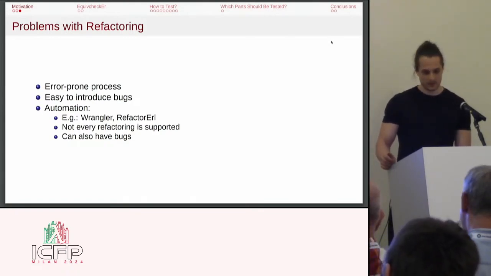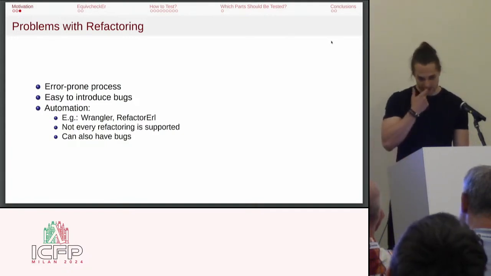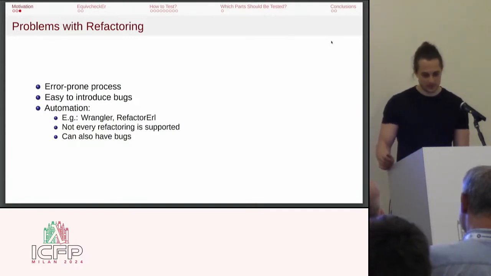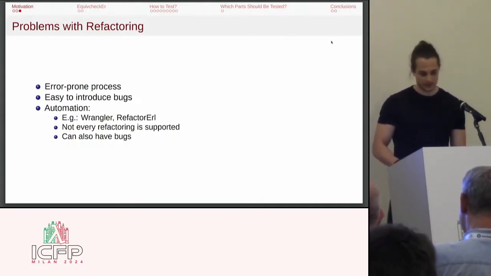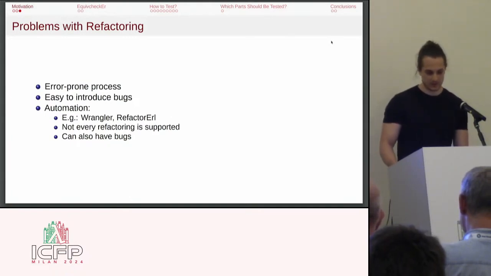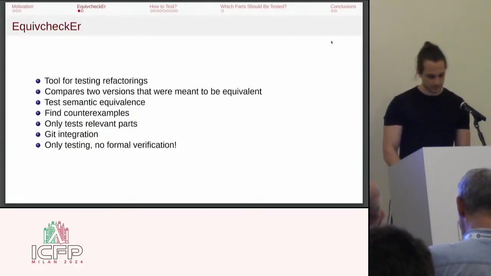And they can also take a lot of control over from the programmer in how the refactoring is done. And the main problem is that if the tool itself is not implemented correctly, so the algorithm that implements this refactoring, then the refactored code can also contain bugs.